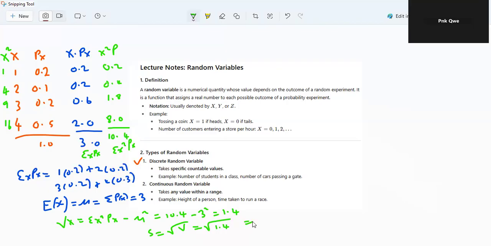If you have a calculator nearby, this calculator is giving 1.18. Yes, 1.18.